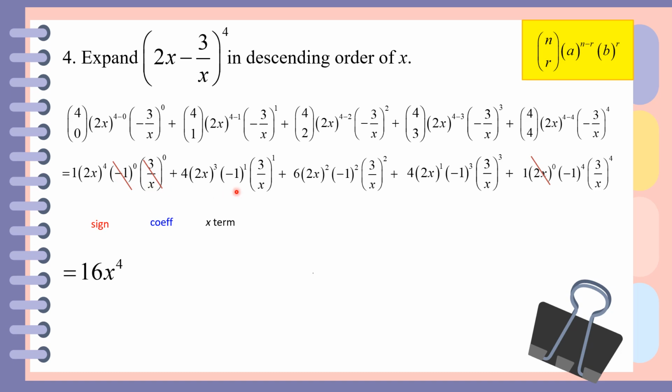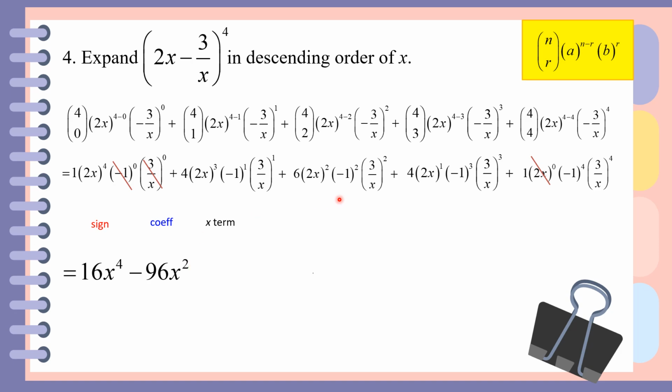Next, the sign will be negative 1 power 1, so the sign is negative. The coefficient will be 4 multiplied by 2 cubed multiplied by 3. That will give us 96. For the x term, we have x cubed over x, so that will be x squared.